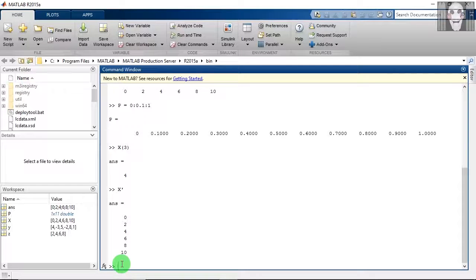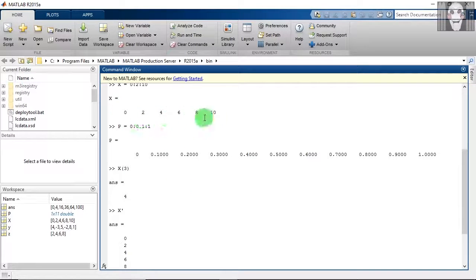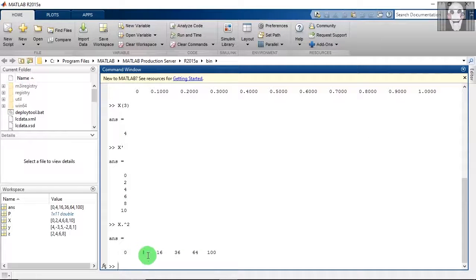For example, if you want to find the square of these elements, you can type this. So this is your vector x, and you have squared each element of this vector to get this.